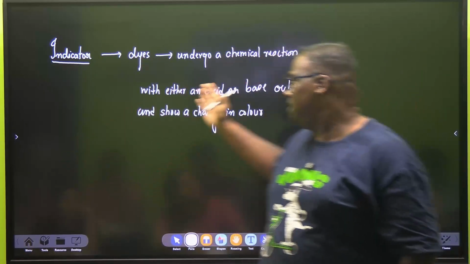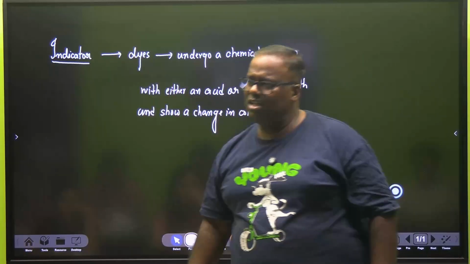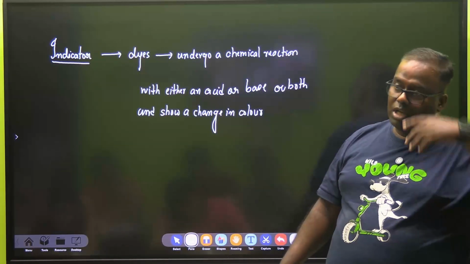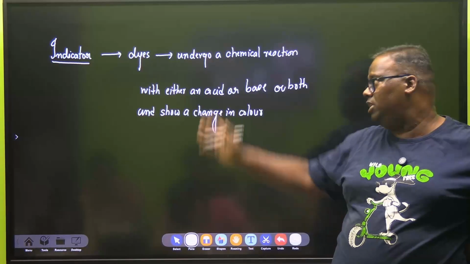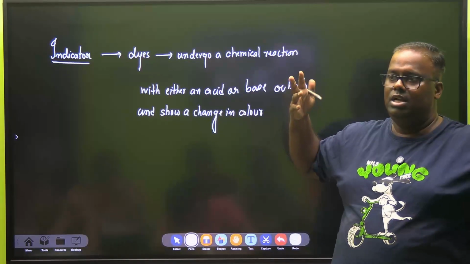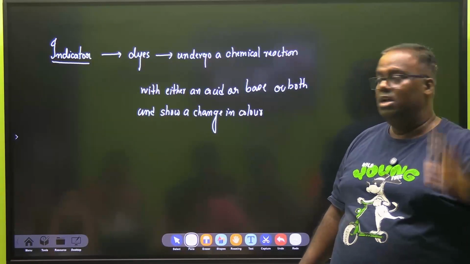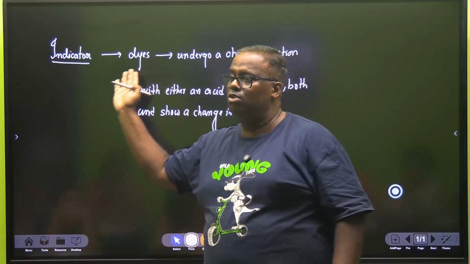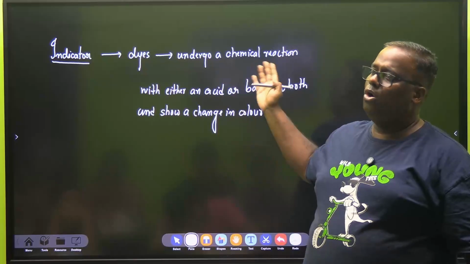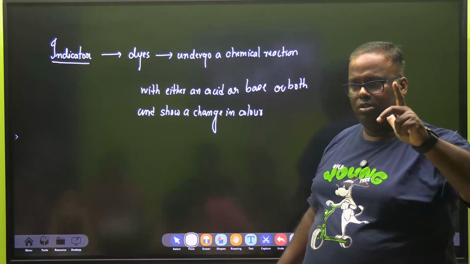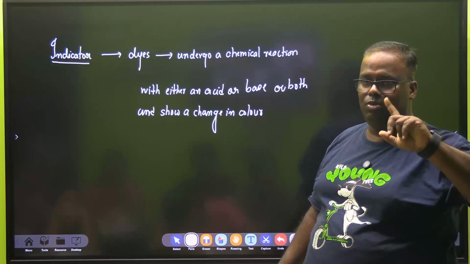So indicators are dyes. What are dyes? Dyes are a class of compounds which show coloration with a chemical reaction. Their only job is to produce colors. Dyes will always show colors when they react with a class of compound. Now indicators are a class of dyes which will react with either an acid or a base, or may react with both. It means it's not that every indicator will react with both.